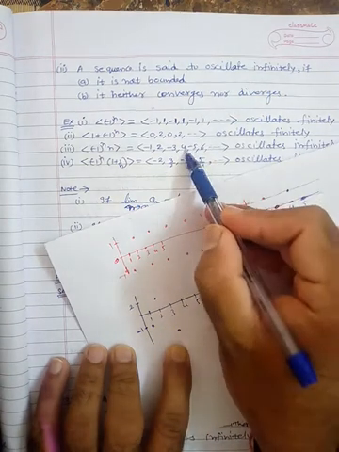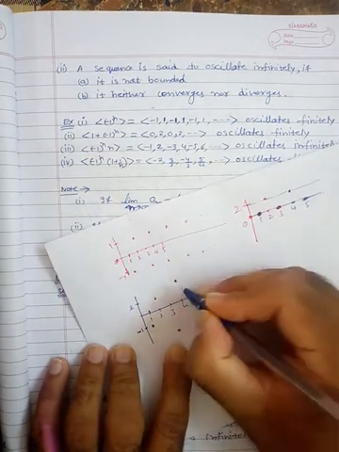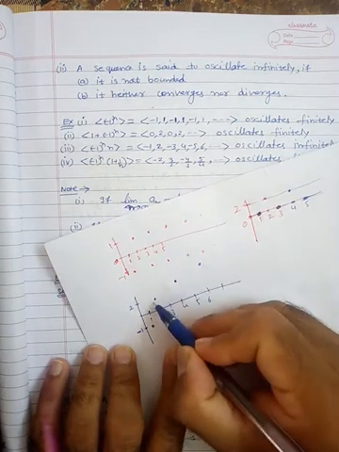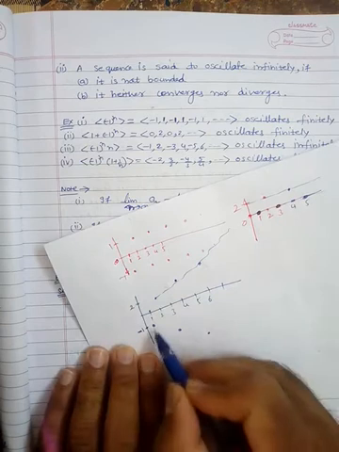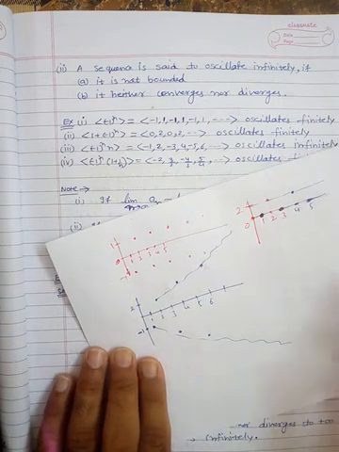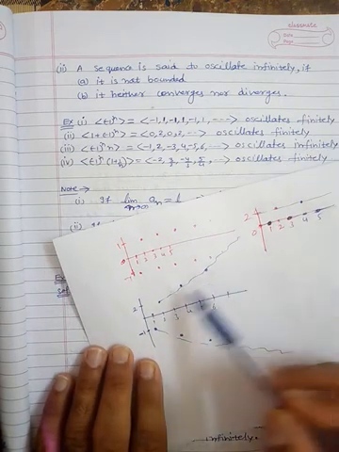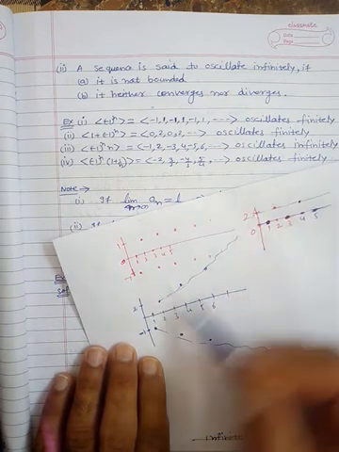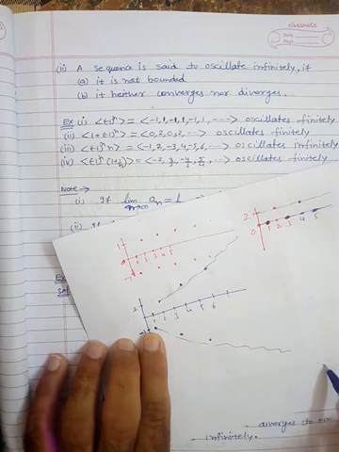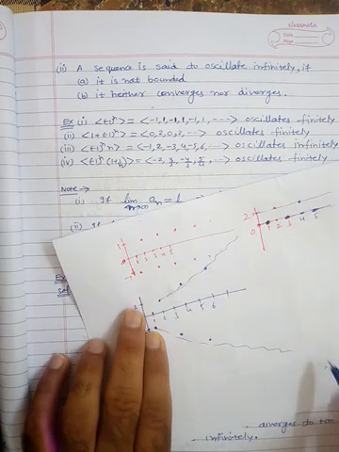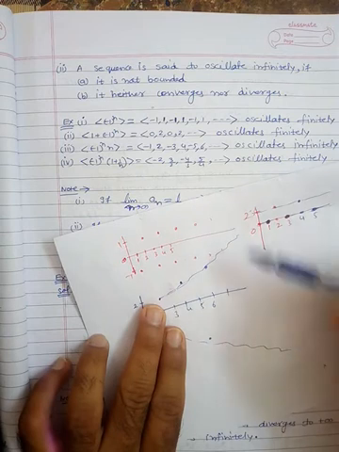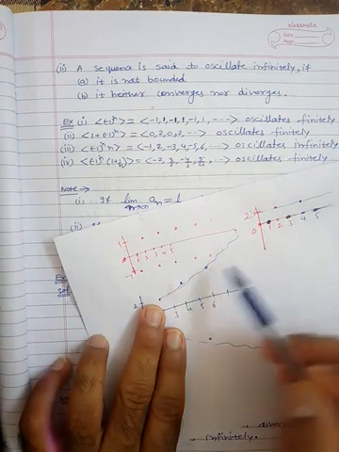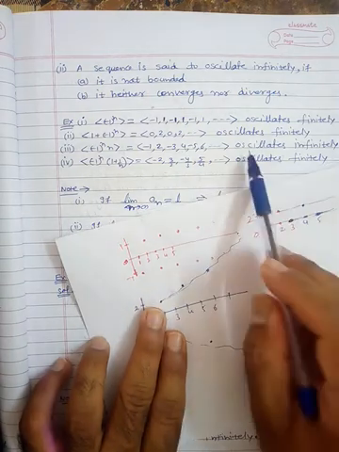Put n equal to 4, we get 4 here. So the next term will be here, and so on. You can see that this sequence neither converges nor diverges towards infinity, because a few terms tend towards minus infinity, but at the same time other terms tend towards infinity. That's why both patterns are here, and that's why this is an oscillatory sequence which is not bounded. That's why it oscillates infinitely.